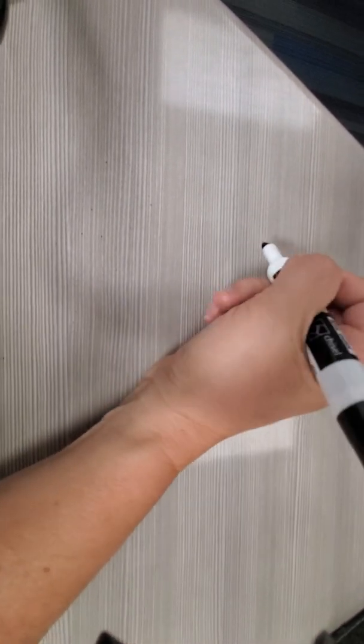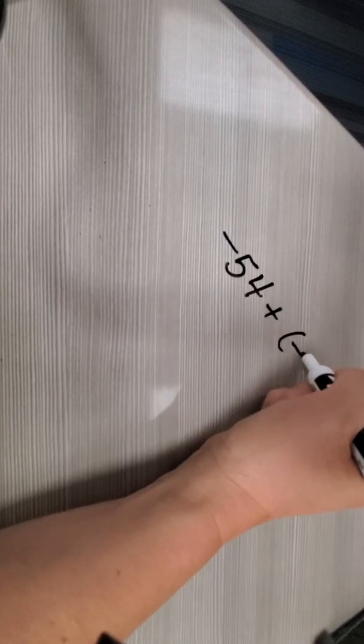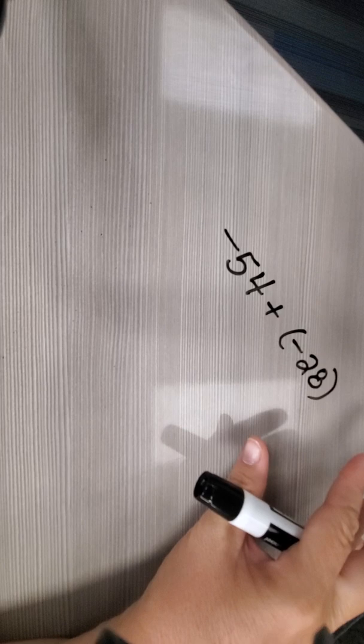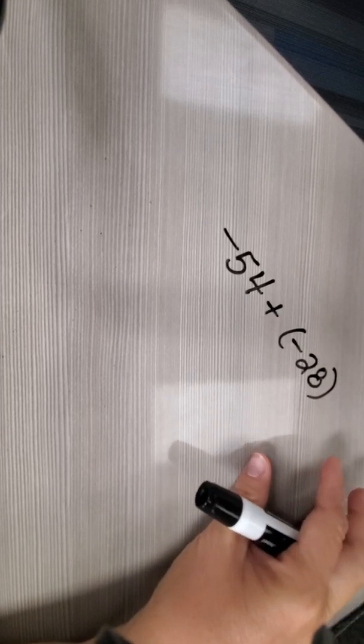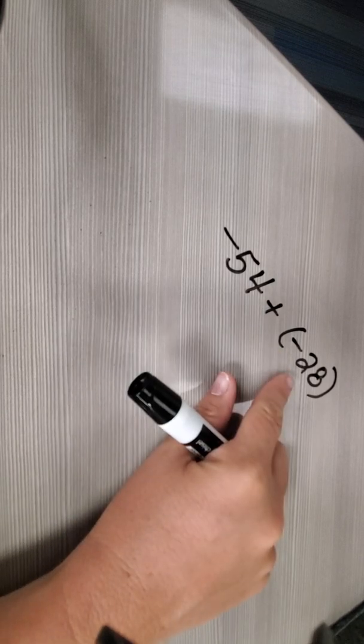Now these rules work the same even if you have larger numbers; you just have to think a little bit harder. You can't necessarily do that subtraction or addition in your head. Let's say we had negative 54 plus negative 28. I start off by asking myself, are my signs the same or different? These have the same sign.